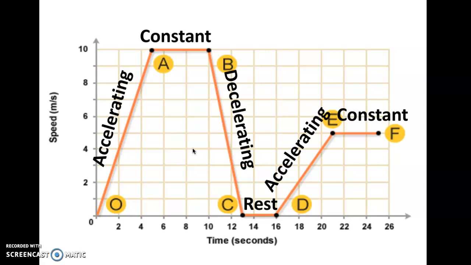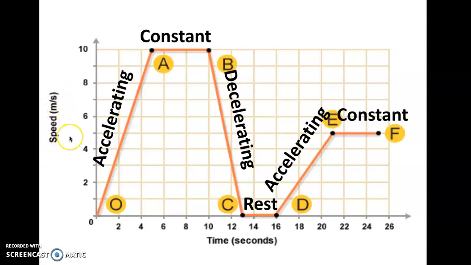The main thing to remember when trying to distinguish between the two, and we'll focus more on this on Monday, the first thing you should do when you look at a graph, anytime, is to look at the y-axis variable over here and see if it says distance, or sometimes they'll say position, or speed, or velocity. If it says distance or position, you're looking at a distance time graph.